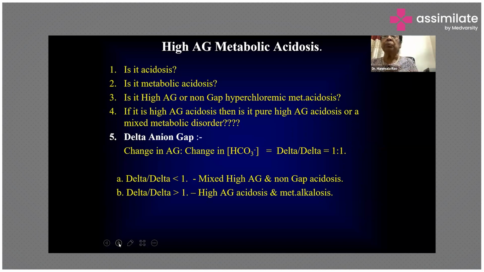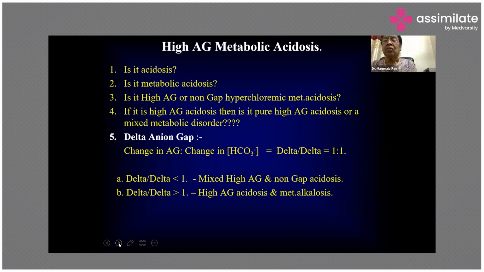How much is your PaCO2? Is it low? How much is it low? Is it within the limits of compensation, high or low? Then you can say, is it a high anion gap or non-gap acidosis? Is it a hyperchloremic metabolic acidosis? If it is a high anion gap acidosis, then is it a pure anion gap or a mixed metabolic disorder?